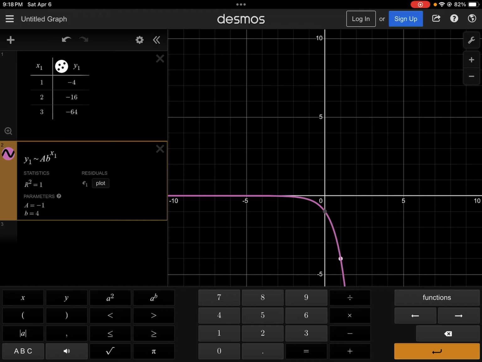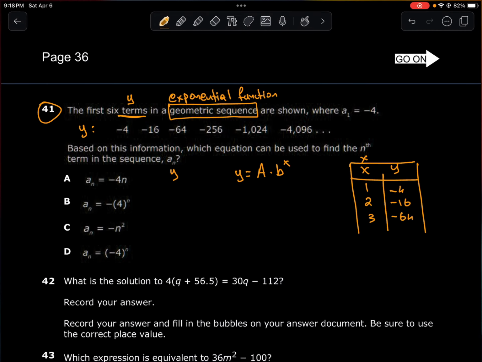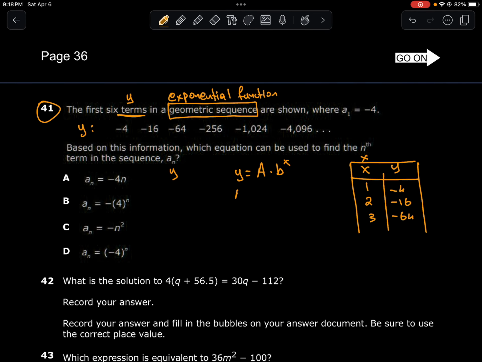A is going to be -1, b is going to be 4. So I know that a is going to be -1 and b is going to be 4.